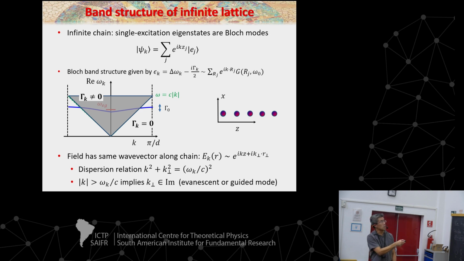So these states should have a decay rate in general that's not 0. And conversely, the modes beyond the light line can only generate evanescent fields, which cannot carry electromagnetic energy out to infinity. Therefore, this atomic excitation can't decay. It has to live there forever. So the decay rates of these states beyond the light line for an infinite chain have to be exactly 0.